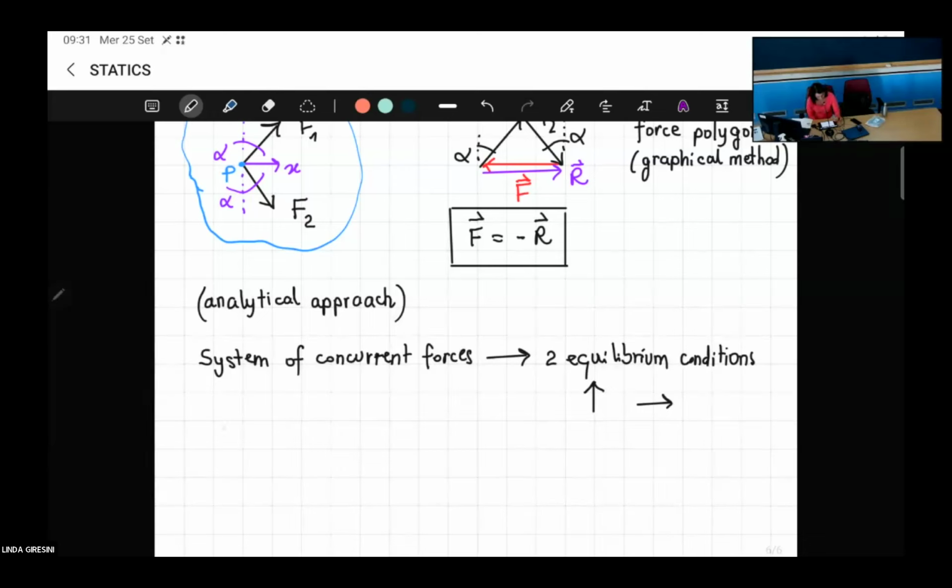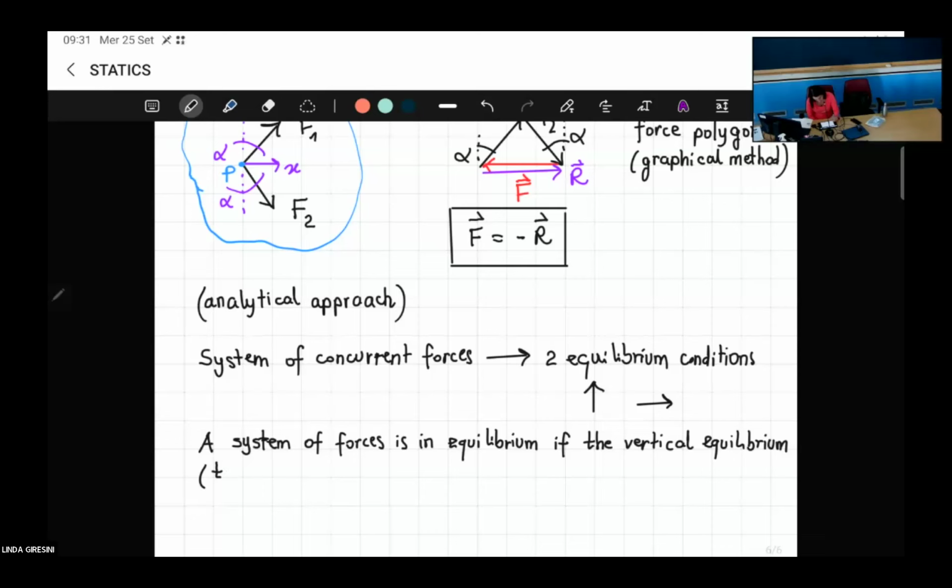So we can say that a system of forces is in equilibrium if the vertical equilibrium, considering translation, and the horizontal equilibrium are satisfied.